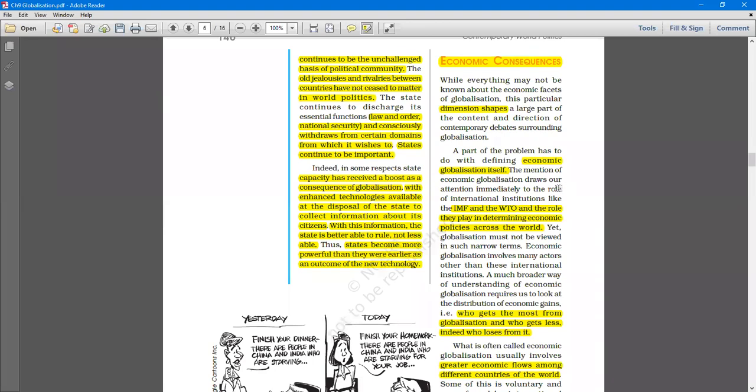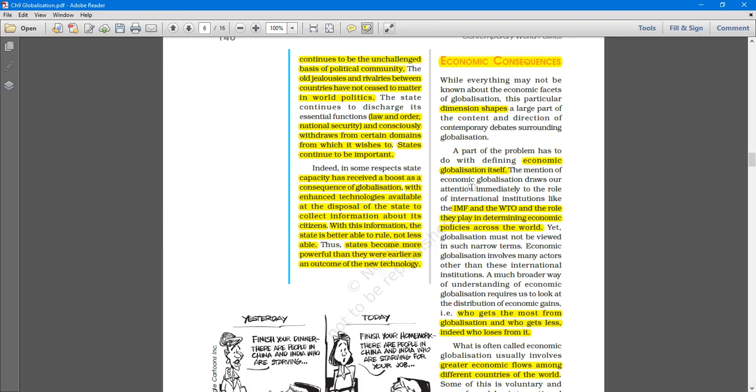The mention of economic globalization draws our attention immediately to the role of international institutions. As you know, currently there are various international financial institutions like the IMF and WTO, which work for global trade and even set certain rules which have to be followed by the members of the WTO.